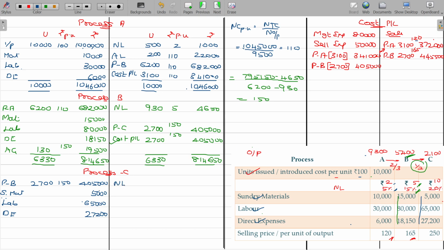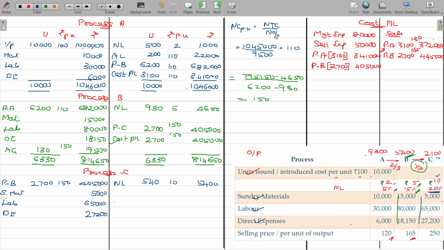Normal loss in process C being 20 percent on the input and it is saleable at rupees 10. 2700 at 20 percent is 540, saleable at rupees 10 per unit, then overall collection here being 5400. The output we get in C is only 2100.